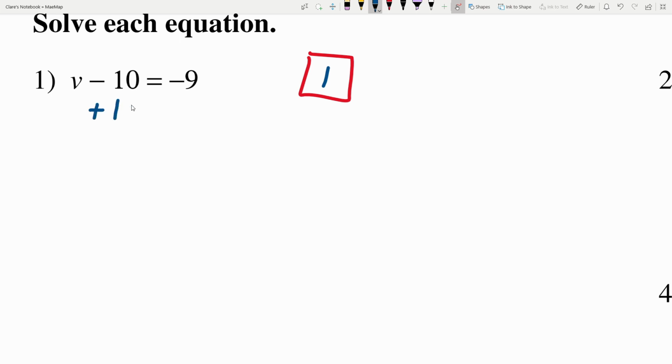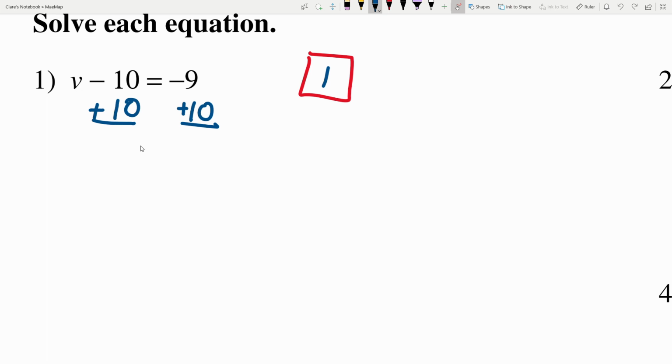If I add 10 to both sides, because whatever I do to the left side of the equals sign, I have to do to the right side as well. That way, I keep the equation the same.